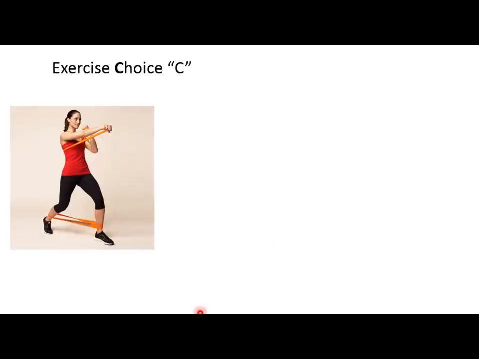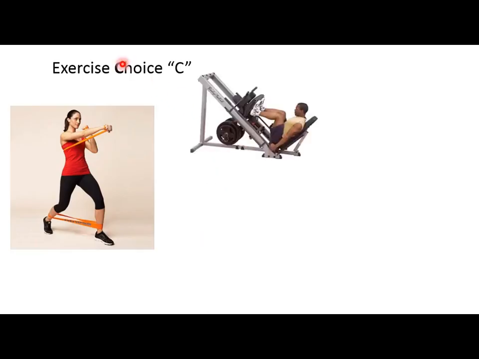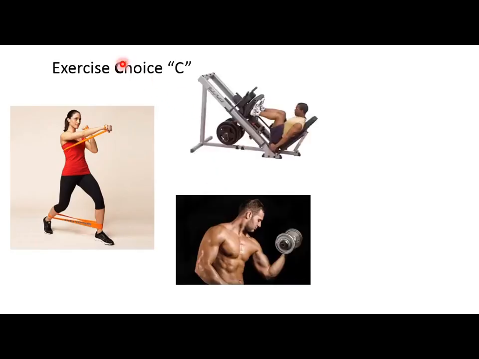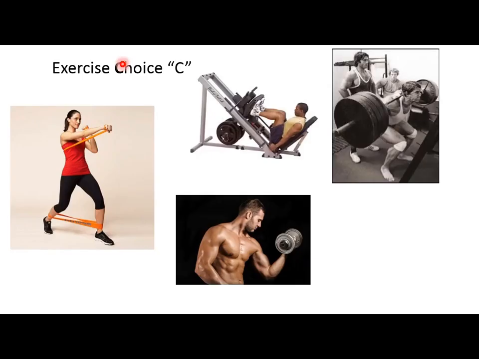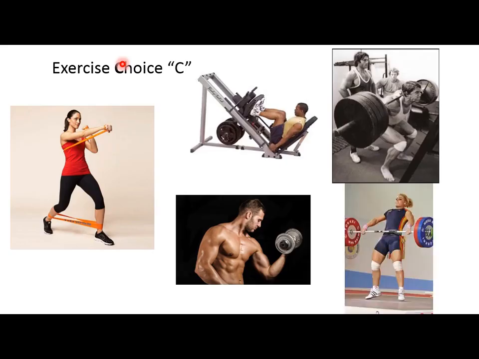So let's get to the C first, exercise choice. Whether you're doing bands, or machines, or dumbbells, or multi-joint free weights, or Olympic lifts, explosive lifts, there are a lot of different types of exercises to choose from. So the question is, when do you use bands? Should the shot putter use bands?